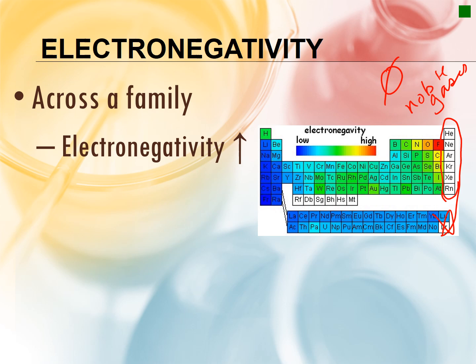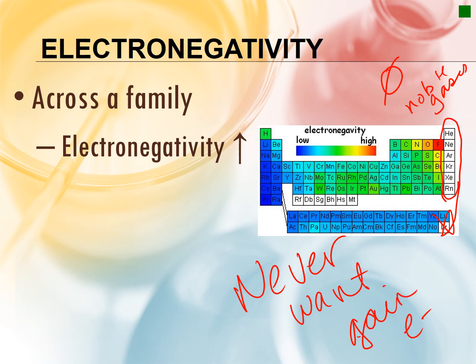Well, the reason their electronegativity values are 0 is because they never want to gain an electron. So if I asked you which one is more electronegative, and I'm comparing oxygen to neon, or even lithium to neon, neon would never, ever, ever want to gain. So it would always be the lowest compared to anybody else in the periodic table other than the other noble gases.